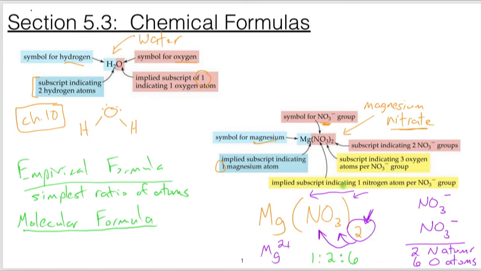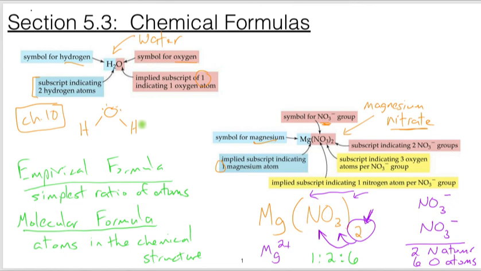I can't simplify that ratio any better than that. Again, it was 1 magnesium to 2 nitrogens to 6 oxygens. And as it turns out, for both of these molecules, the formula represents the molecular formula as well, the atoms in the chemical structure. We can see it best with water, since it's simpler. Water looks like this: 1 oxygen here in the middle, 2 hydrogens coming off of it.